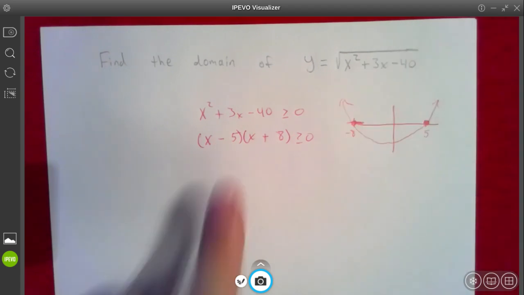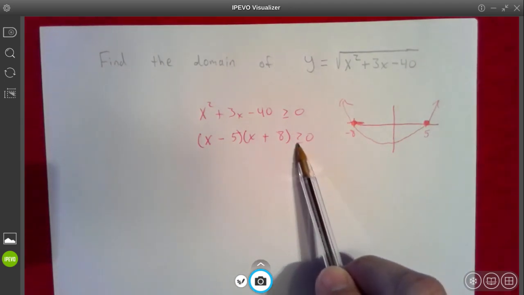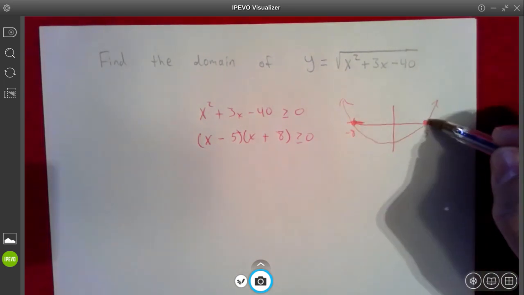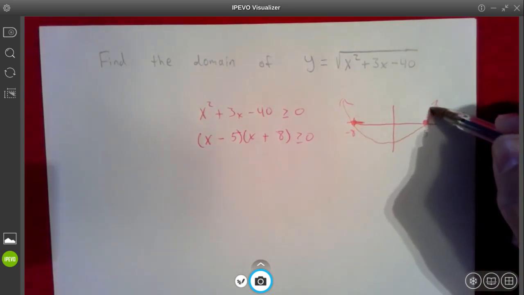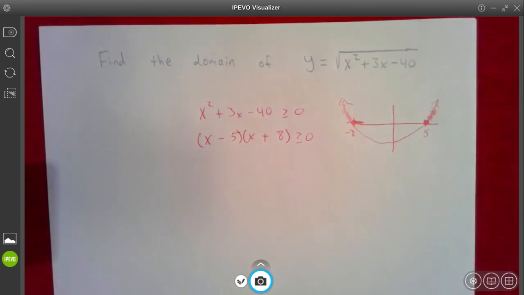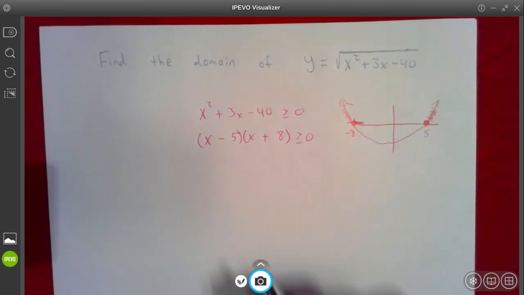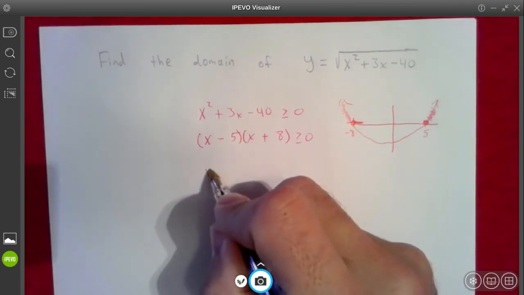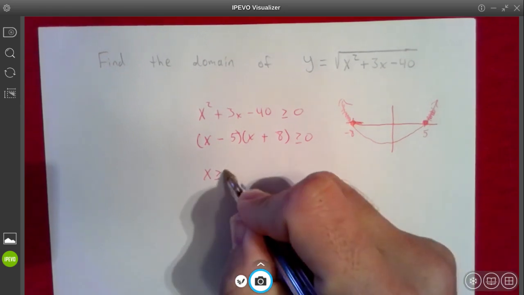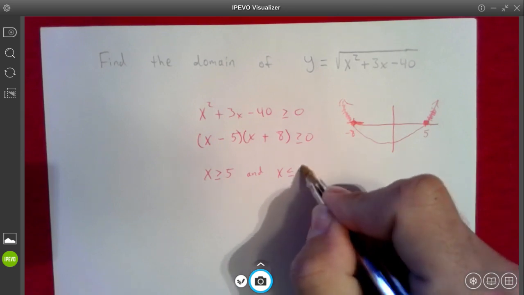All right, and because we're interested in where it's greater than 0, we want those places where it's above the x-axis, right, which is going to be all the numbers after 5 and all the numbers before -8. Okay, so our solution set for this inequality was x is greater than or equal to 5 and less than or equal to -8.